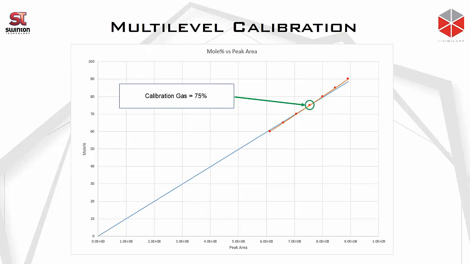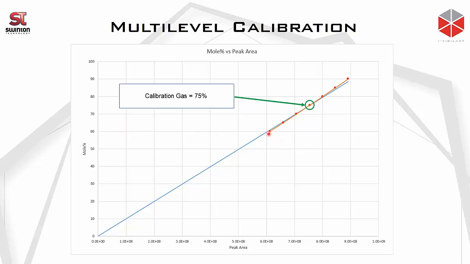If we plot the multi-level calibration result against a single point calibration result, we can see something like this. Let's say we calibrate the single point at 75%. It creates a straight line, which is the assumption of the calibration function that we have. Now let's say we have another peak area over here, which will then correspond to 60%.